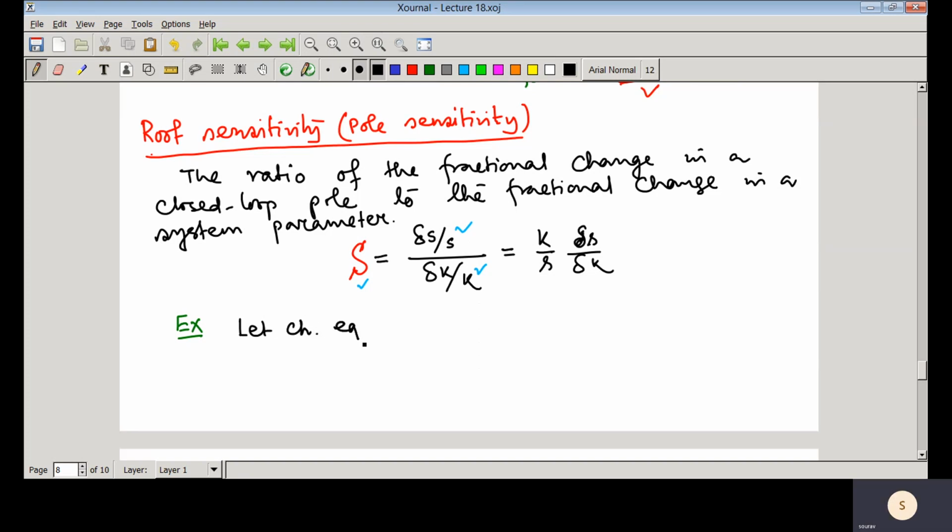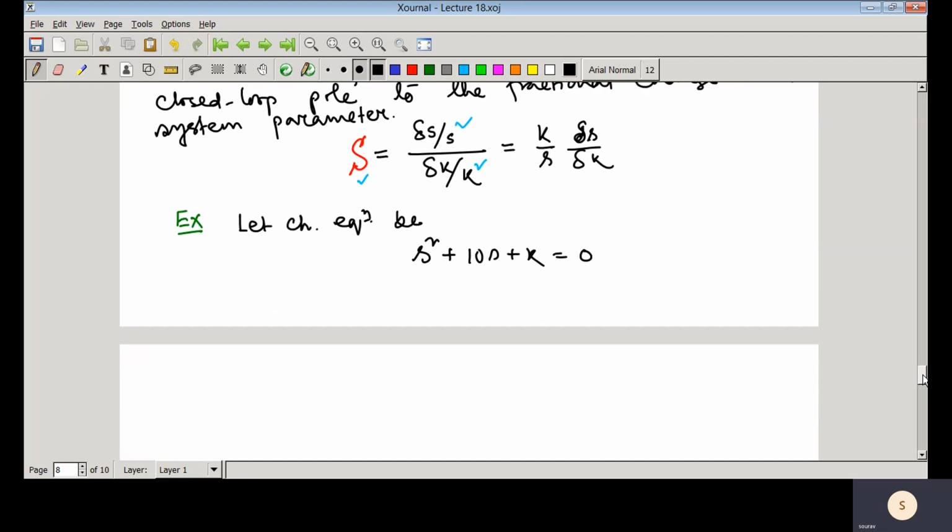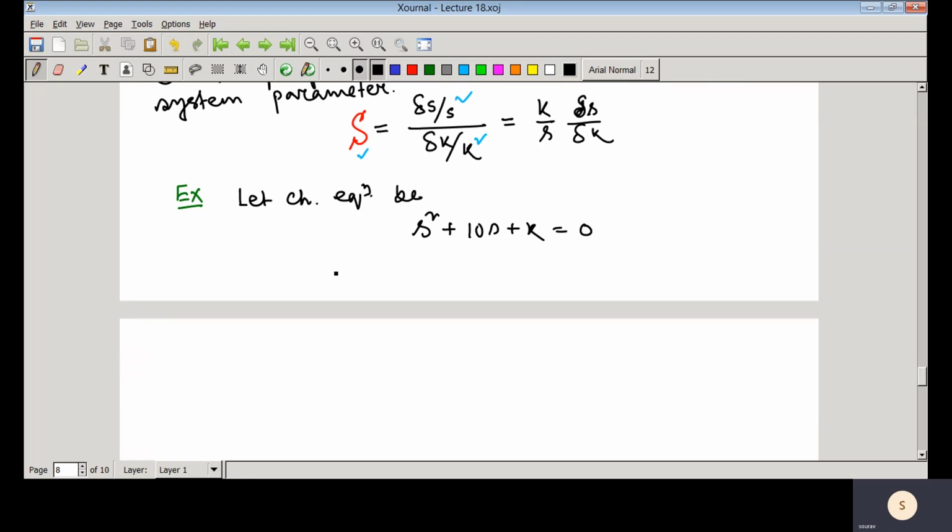Let the characteristic equation be s squared plus 10s plus K. Suppose we have a characteristic equation like that. We are trying to find what would be the root sensitivity.